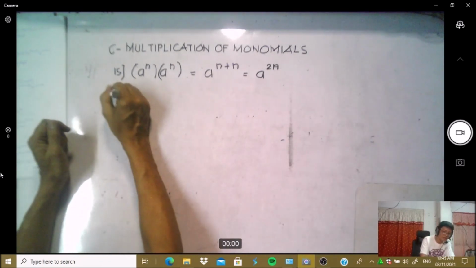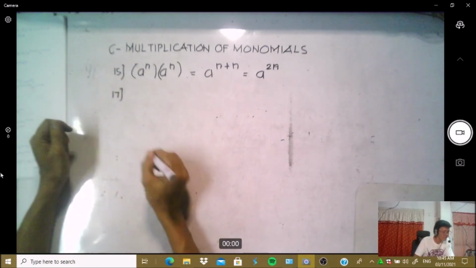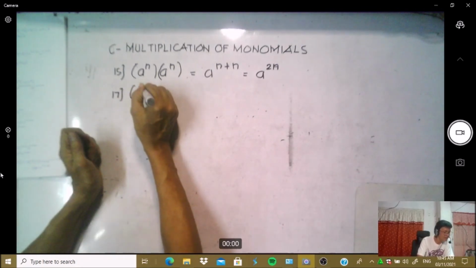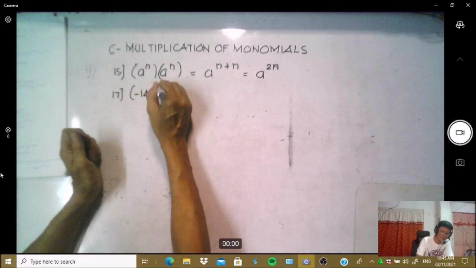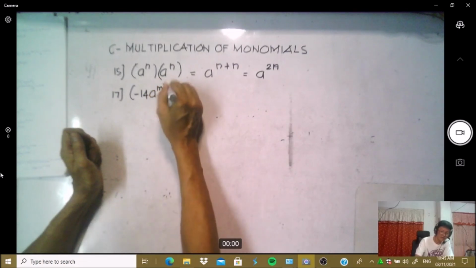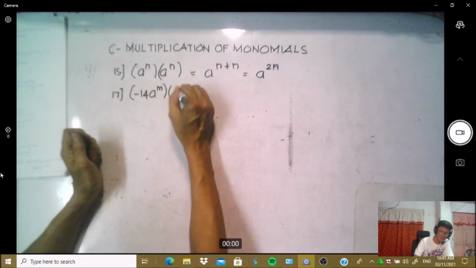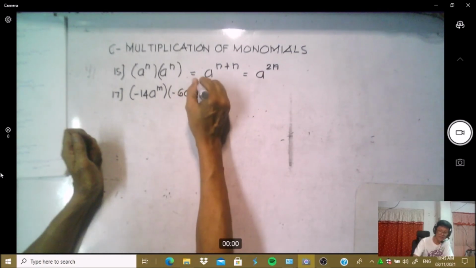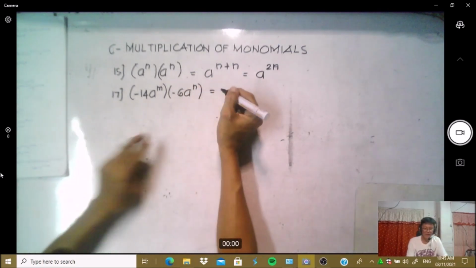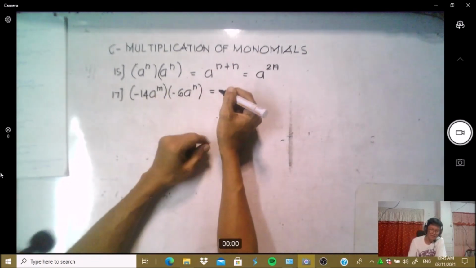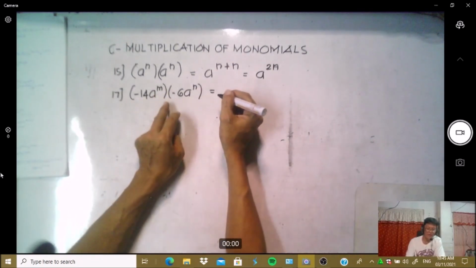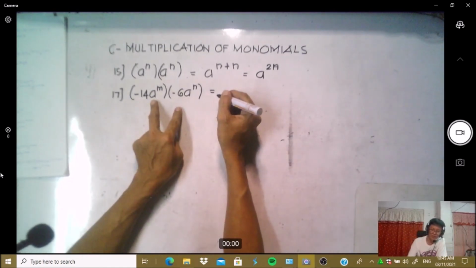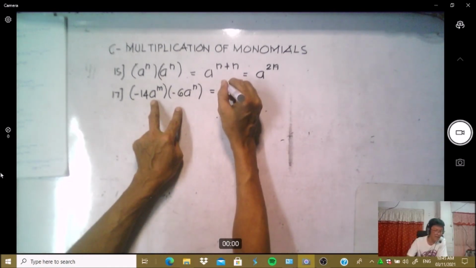Number 17, we have negative 14 A raised to M, then negative 6 A raised to N. Now we have here different exponent, but we have the same base now.